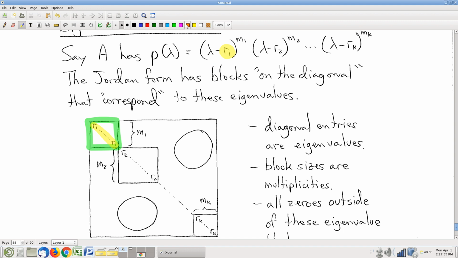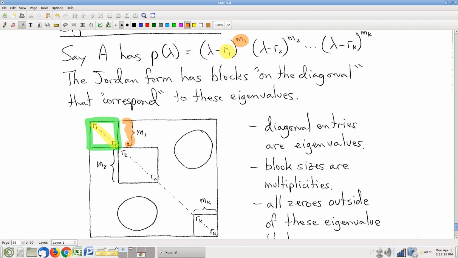And the multiplicity of that eigenvalue tells you the size of that eigenvalue block. So there's a very strong connection between what I'm calling eigenvalue blocks and the eigenvalues. In some sense, a lot of the defining characteristics of this block come from the eigenvalue. The diagonal entries are the eigenvalue. The size is the multiplicity of the eigenvalue. That's why I call them eigenvalue blocks. I think that's a reasonable choice.